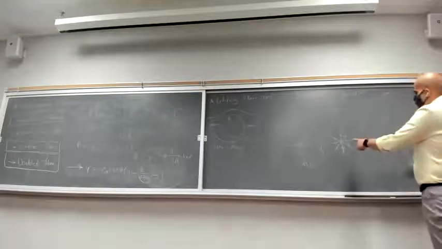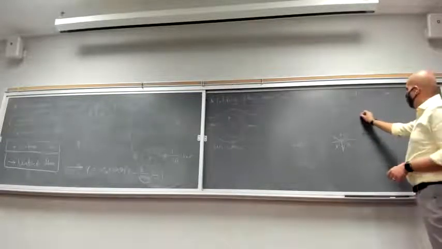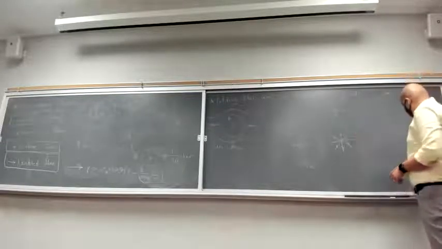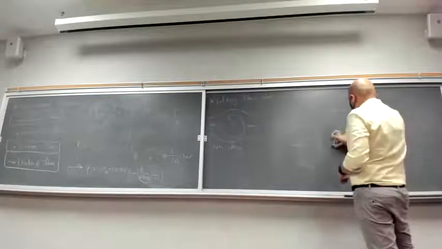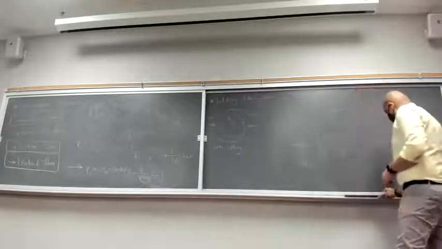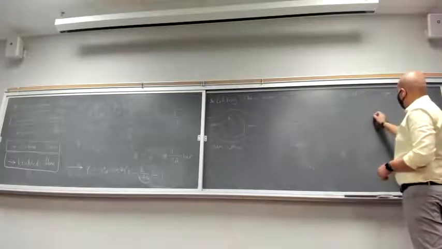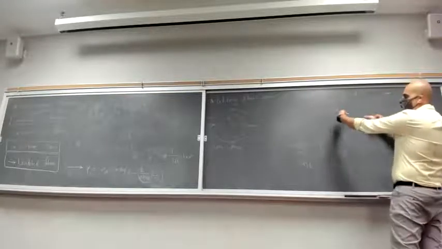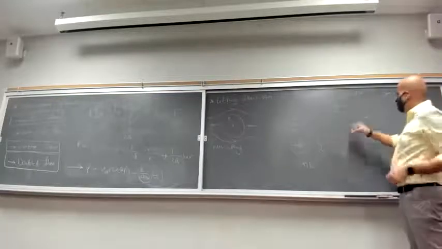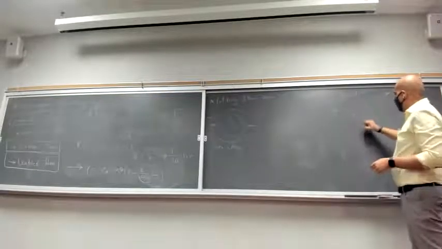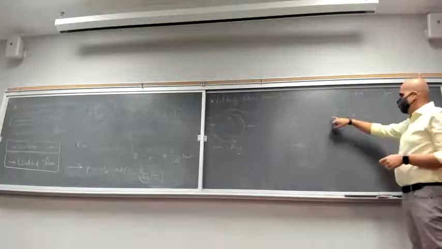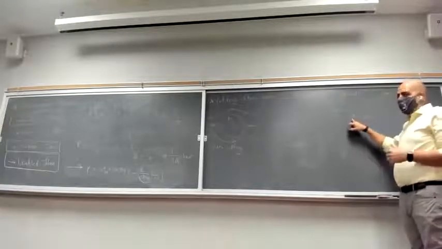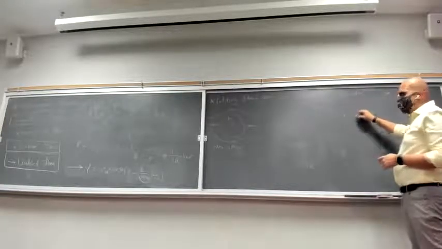So when you add these two types of flows, think about it. Let's say we have uniform flow coming in, and then we have a source in front of it. These two velocity vectors will cancel each other out. So there will be a location where the velocity of this source is equal to the velocity of the uniform flow. Then you will get a stagnation point, right?